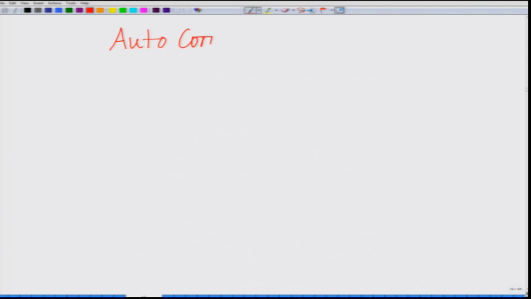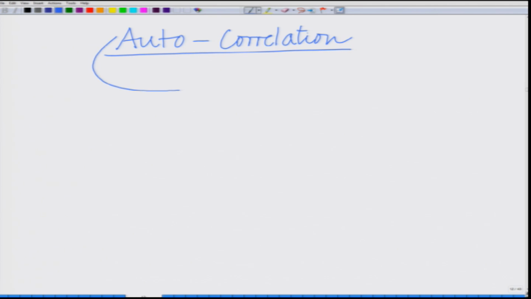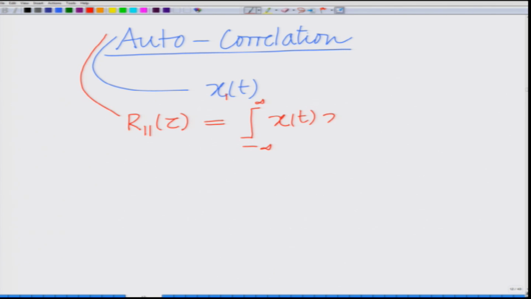The autocorrelation R11 of tau is the integral from minus infinity to infinity of x(t) times x conjugate of (t minus tau) dt.